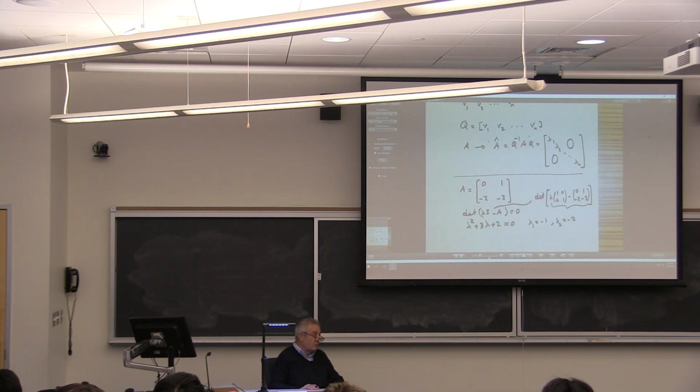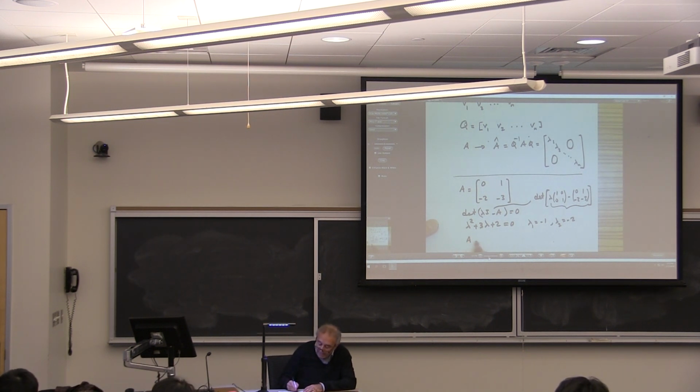That becomes 2 eigenvalues. If you set it equal to 0, you get lambda 1 equal to minus 1, lambda 2 equal to minus 2. Right? Now, you go there and say, look, I have to take A minus lambda 1 times I times V1 equal to 0. Find out what happens in this case.